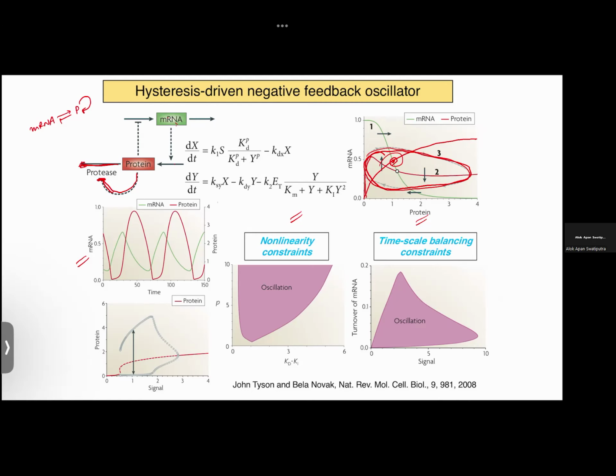And just one small point. If you look at this particular picture here, which I've shown, initially you see there is a stable steady state. There is this unstable steady state. And again, there is a stable steady state. Right? So this is definitely a bifurcation diagram.